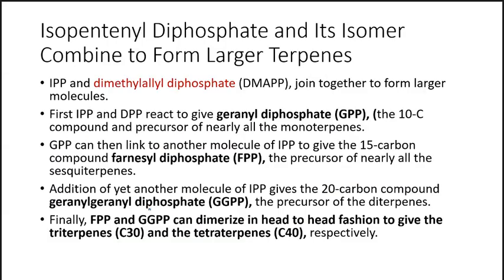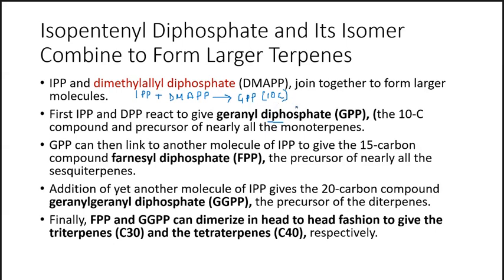So again, what we discussed: IPP will isomerize to form DMAPP, and IPP plus DMAPP form what? A 10 carbon compound, which is GPP, geranyl diphosphate.